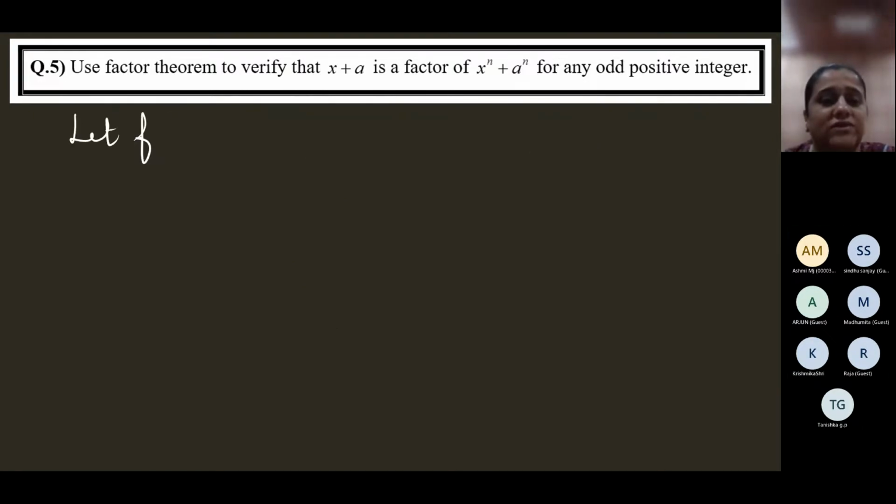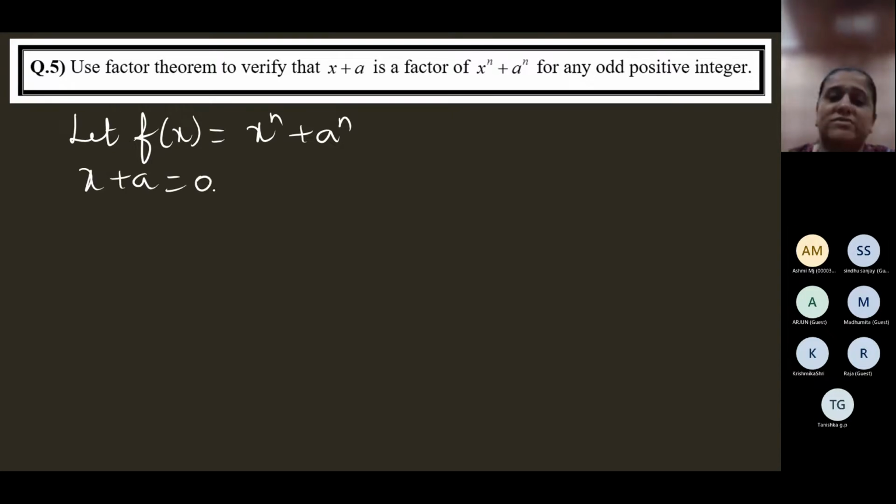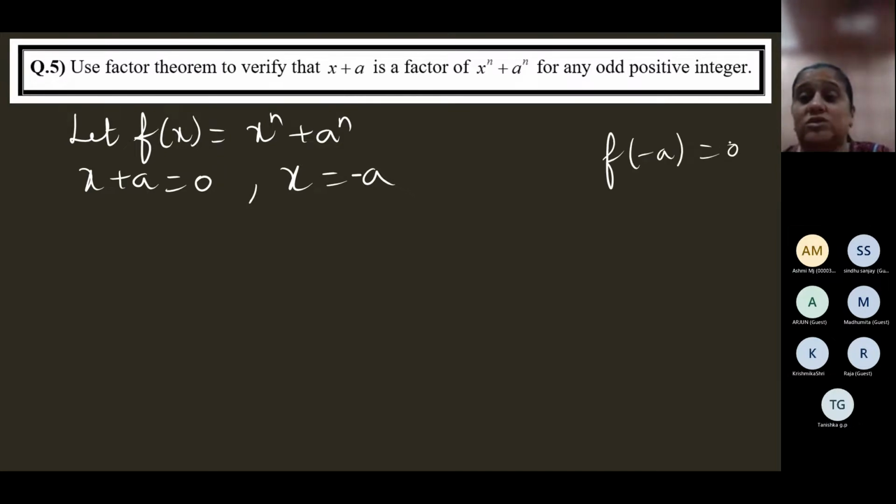Let f of x be equal to x to the power n plus a to the power n. This is the polynomial. Now, x plus a equate this to 0. x plus a is equal to 0. So what do you get? x is equal to minus a. Now you cannot say that f of minus a is equal to 0. No, it's not given it is a factor. You'll have to prove it's a factor.